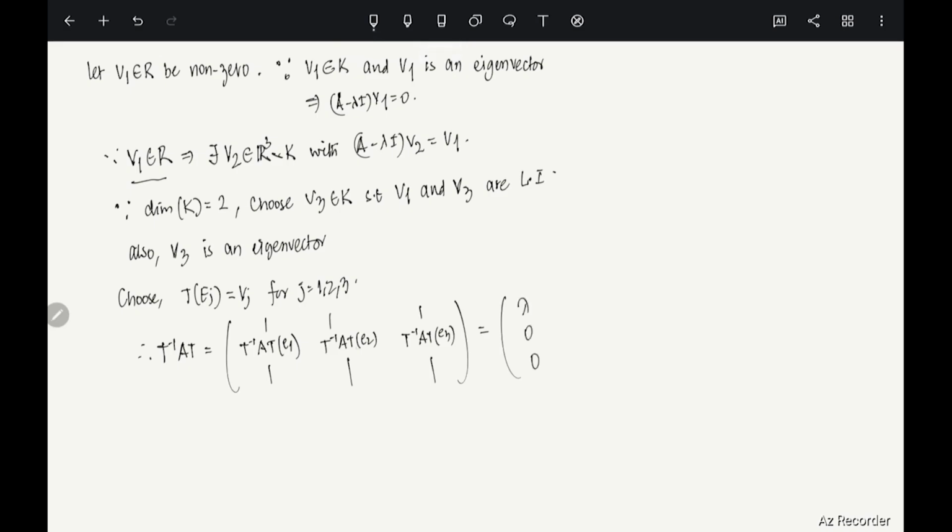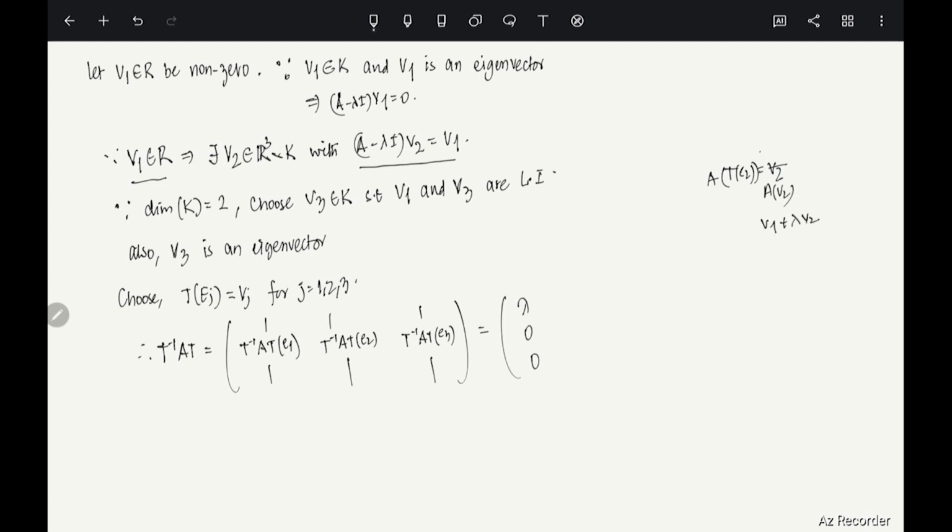Again, T of E2 is V2. A of T E2 is A of V2, and A of V2 is V1 plus lambda V2.